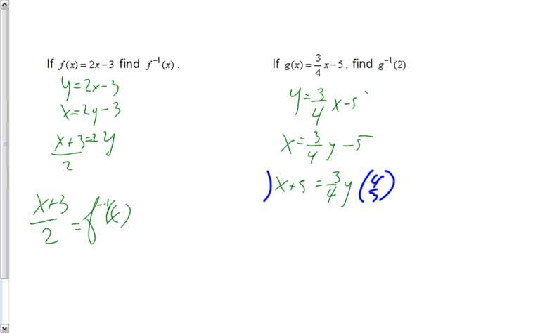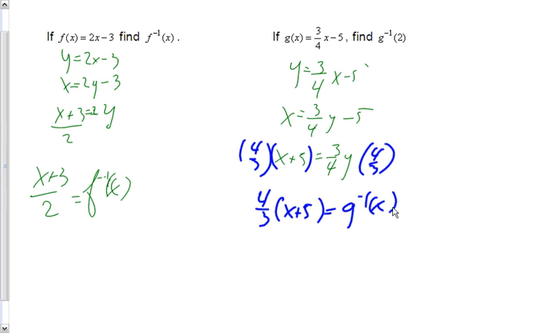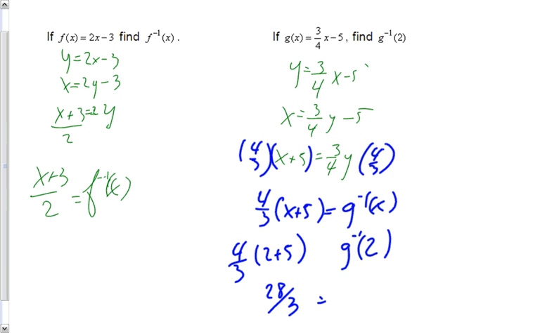The 4/3 will get rid of that 3/4. Now if I write this as 4/3 times x plus 5 equals y, we do have g inverse of x. Well, can I now evaluate it at 2? Yeah, just plug in 2 for this. So g inverse of 2 is 4/3 times 2 plus 5. It's 7 times 4, which is 28/3 equals g inverse of 2.